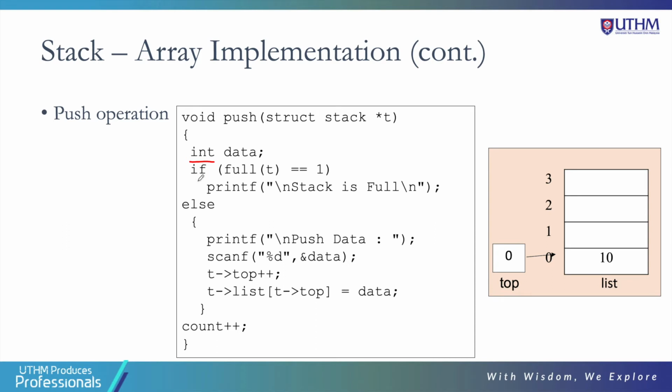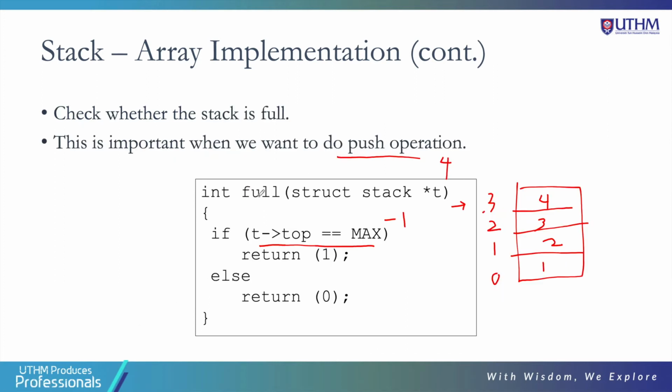So first of all, we need to call the full function to verify whether the stack is full or not. If it is full, it will return 1. If it's not full, it will return 0.